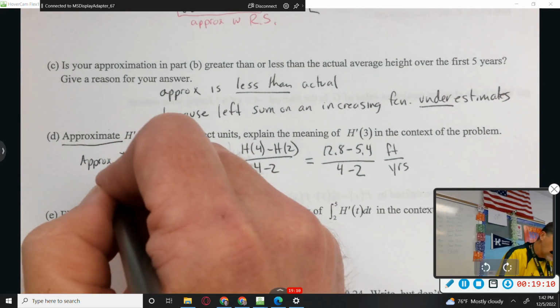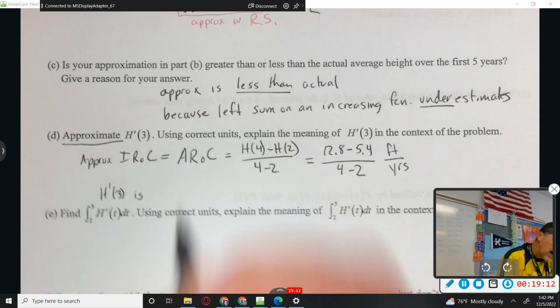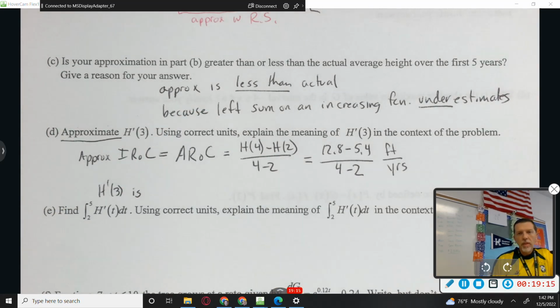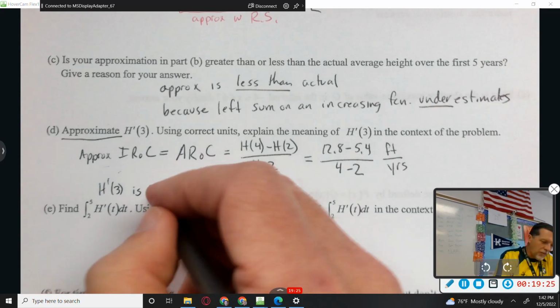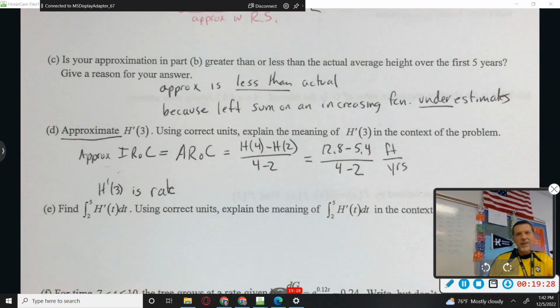So h prime of 3 is, what does h prime of 3 represent? The slope. Yeah, slope is right, but let's use different words, because slope is sort of related to y and x type stuff.